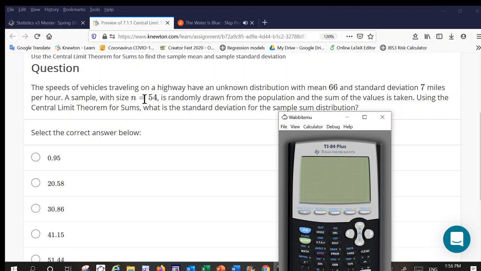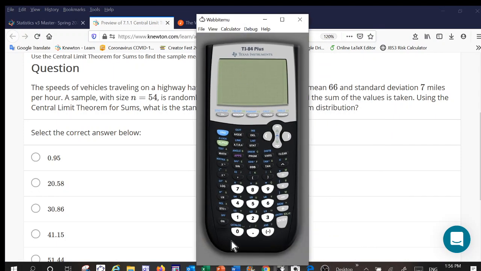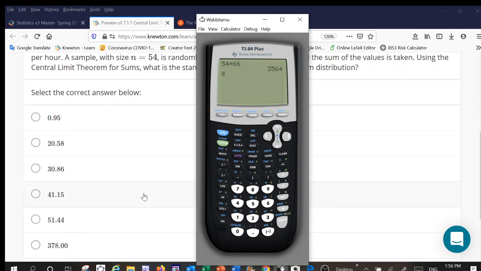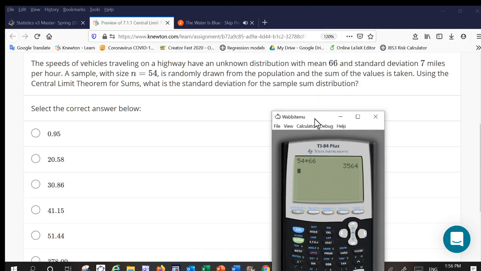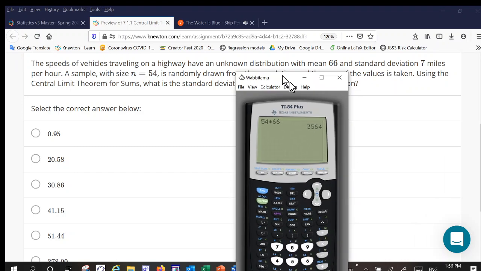Now since the sample size is 54, the mean of the sums would be n, which is 54, times 66. So that would be the mean. Well, wait a minute. Using the central limit theorem, what is the standard deviation? Oh, we just want the standard deviation, we don't want the mean.